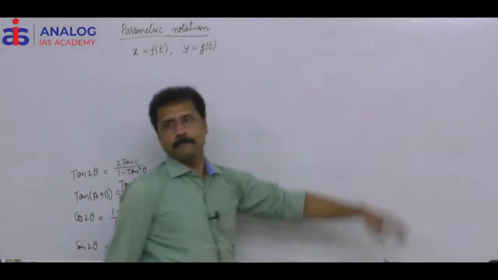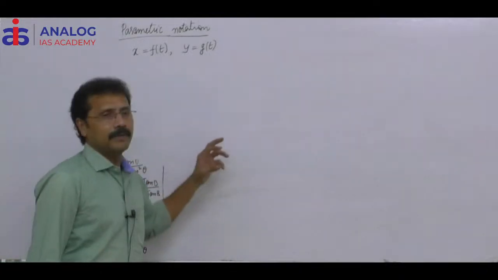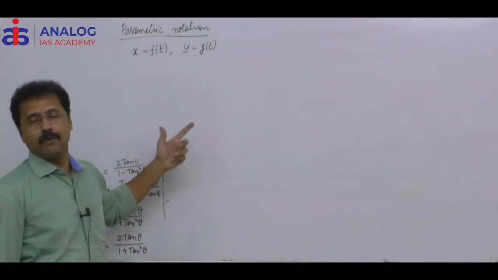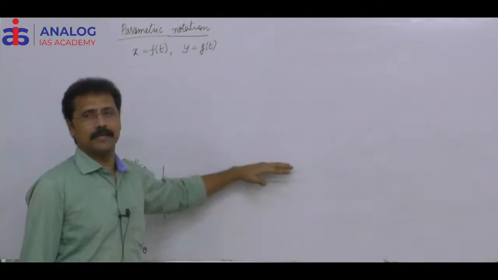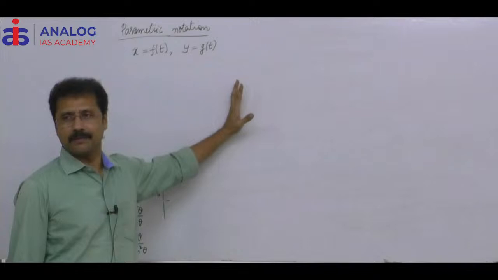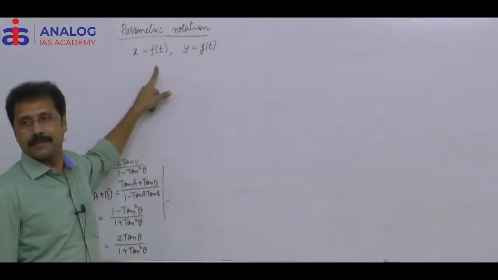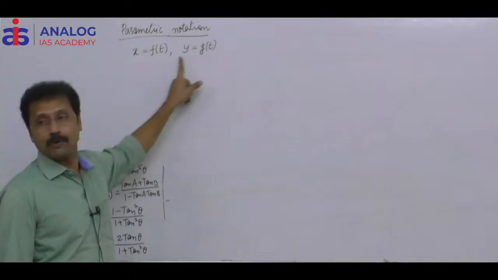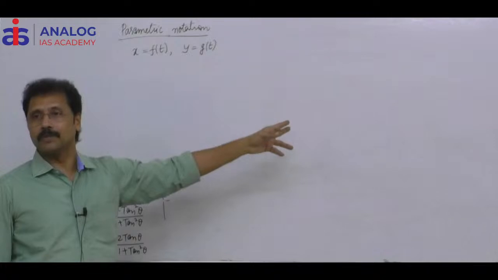Okay? In a given time t, what would be its position in the x direction and in the y direction? Now substitute the t here, we'll get x. Substitute t here, you will get y. That x comma y point you will get. So that you will get the displacement.